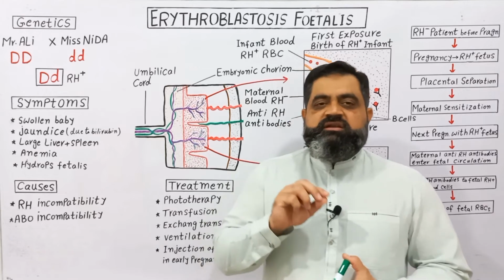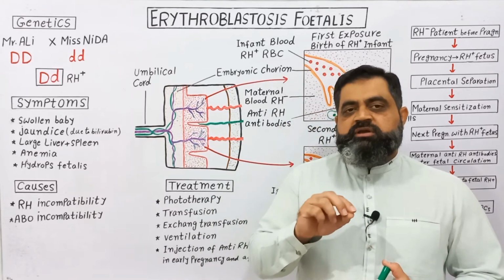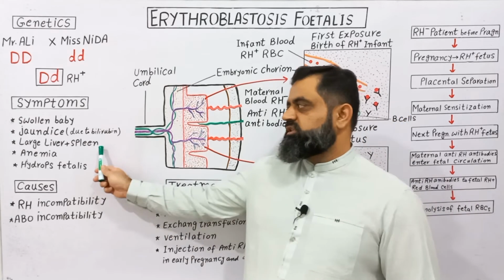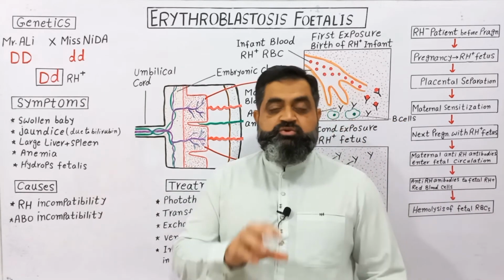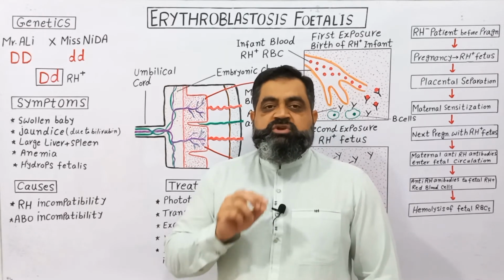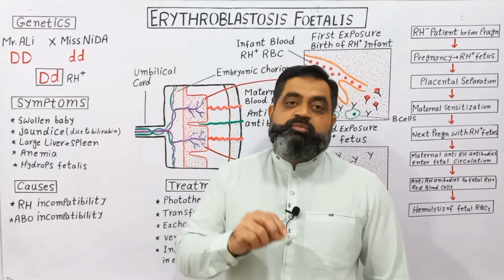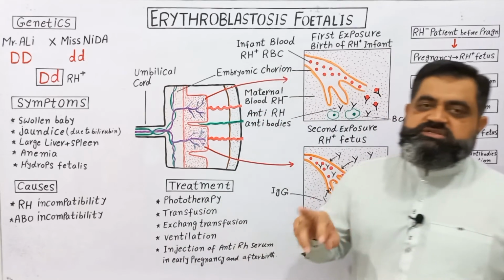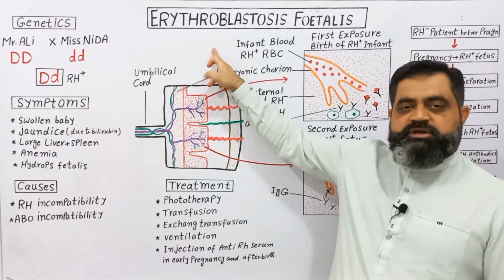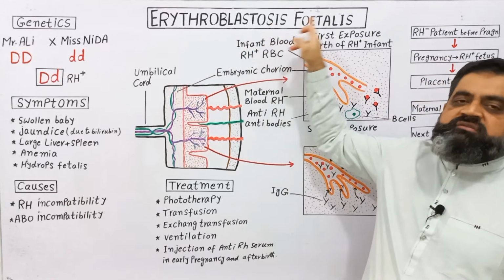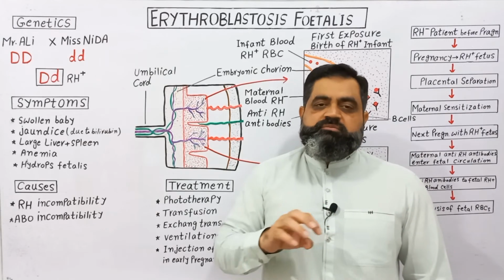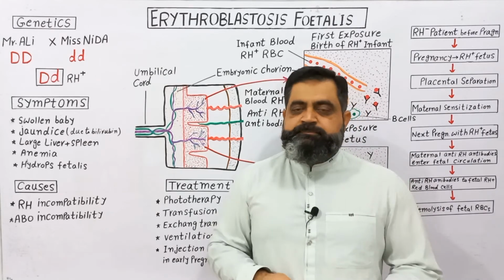As a result, due to the overproduction of immature RBCs, the liver and spleen will become swollen beyond normal size. The RBCs produced by the spleen and liver are immature, and immature RBCs are known as erythroblasts. That is why this disease is known as erythroblastosis fetalis: erythroblast means immature red blood cell, osis means condition, fetalis means fetus. So in this condition, the fetus contains a large number of immature RBCs.